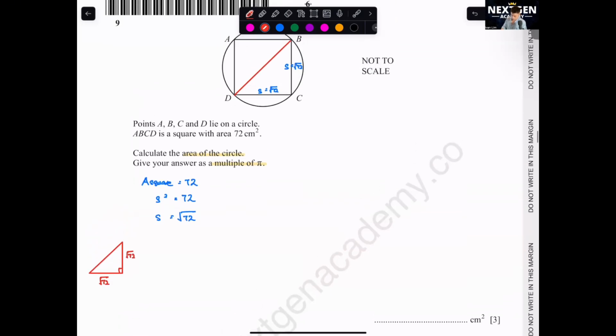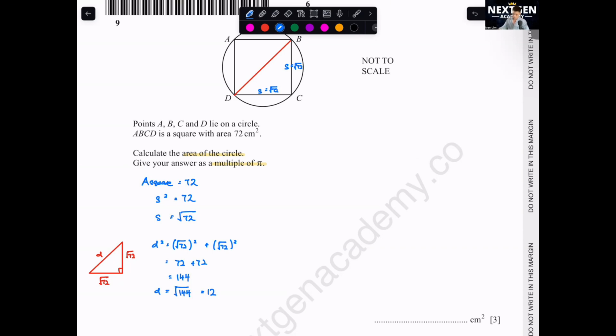Okay, what is the diameter? Let's call this d. The formula will be d squared equals root 72 squared plus root 72 squared. Root 72 squared plus root 72 squared will be 72 plus 72 equals 144. And then d will equal square root 144, which equals 12.